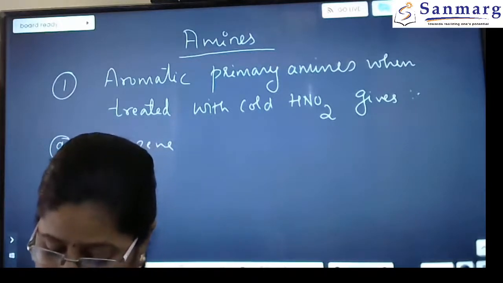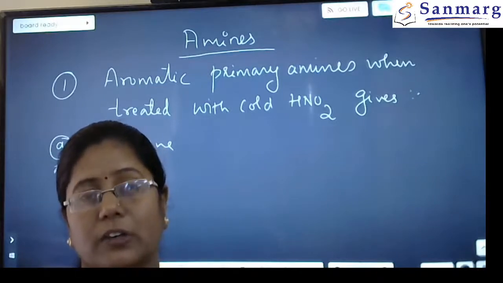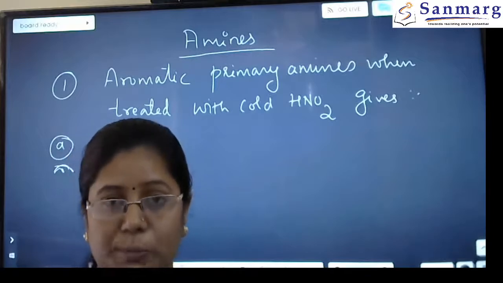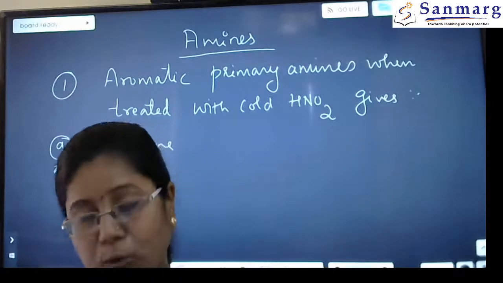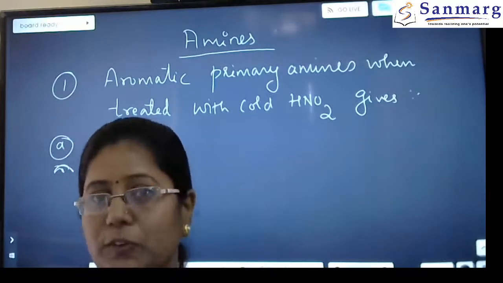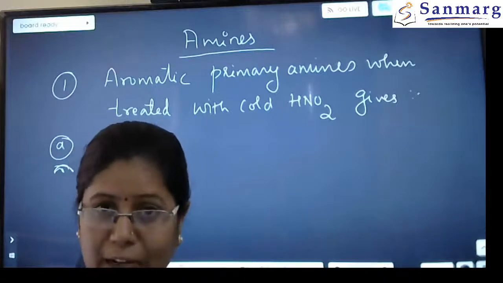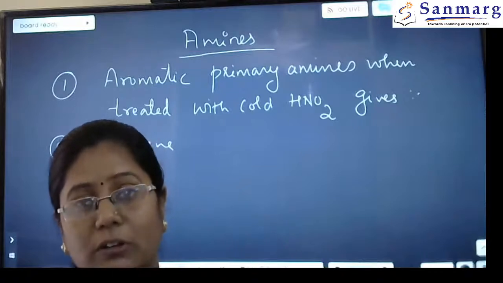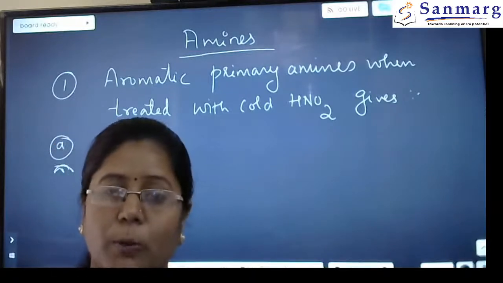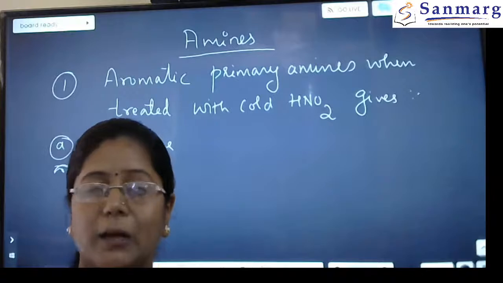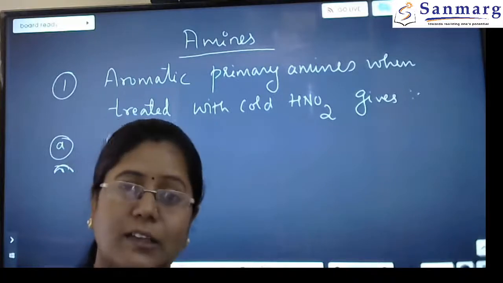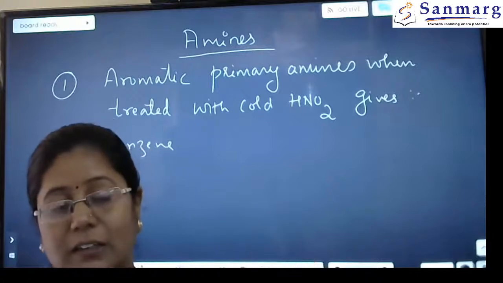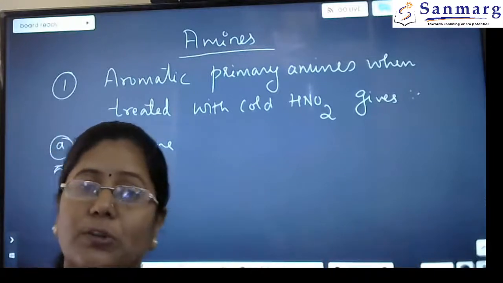Here the question asks by which reaction amides can be converted into amines. Carbylamine reaction is not the answer, because in the carbylamine reaction amines get converted into isocyanide.